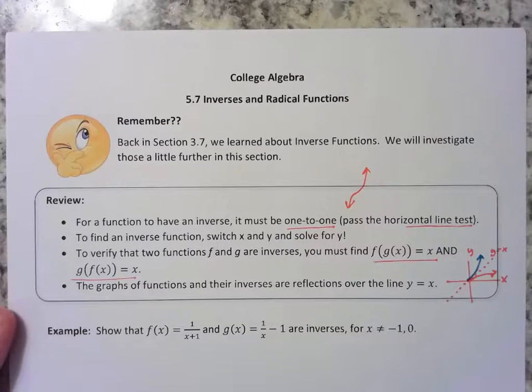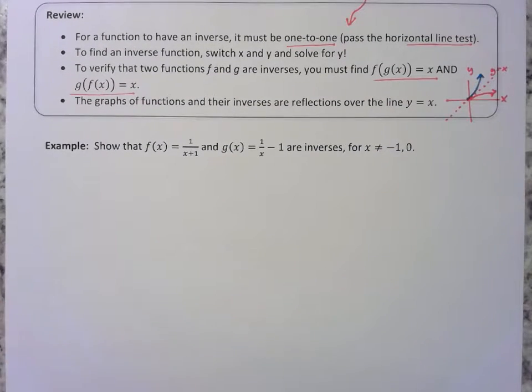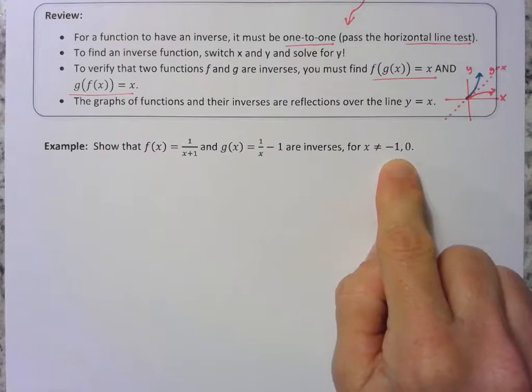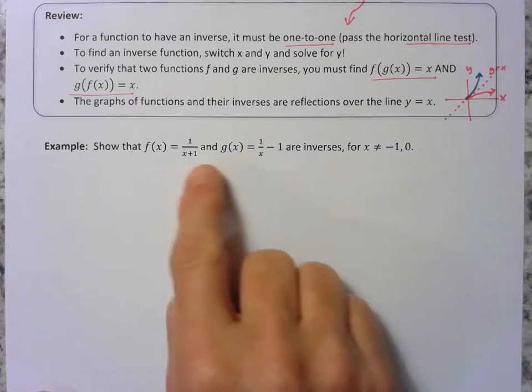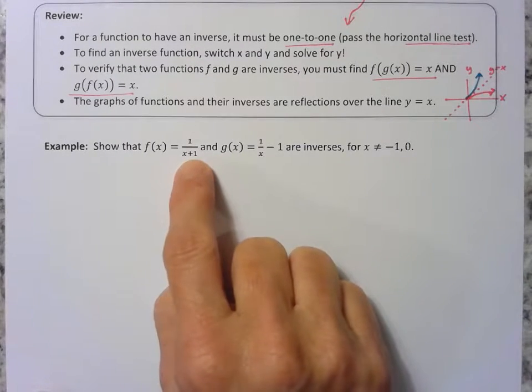So let's look at this first example. Show that f of x equals 1 over x plus 1 and g of x equals 1 over x minus 1 are inverses. And they put this condition in there that says x is not equal to -1 or 0. Remember, your denominator can't be 0, so it can't be -1 here, and it can't be 0 here.